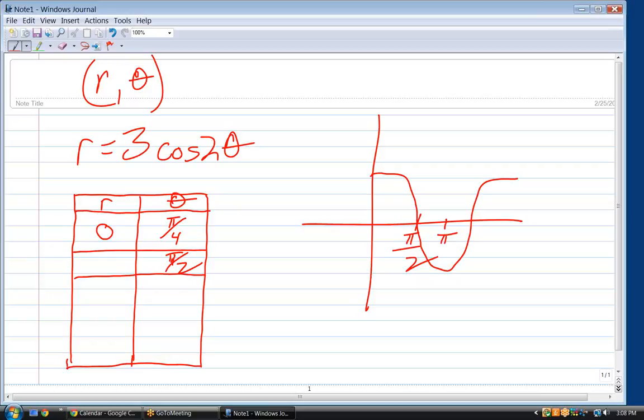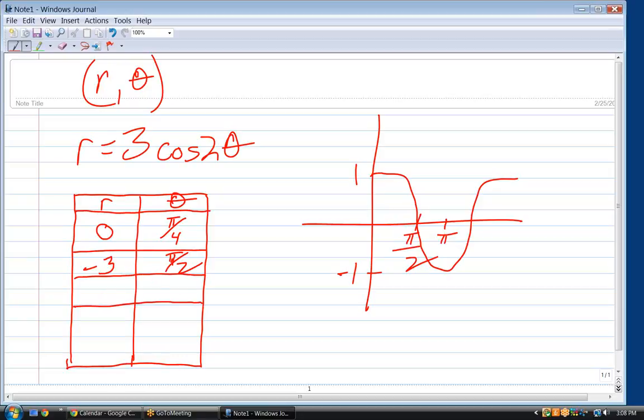Oh, that's just pi. So then it's negative 3. Negative 1 times 3 makes it negative 3. Okay, what's the next one?